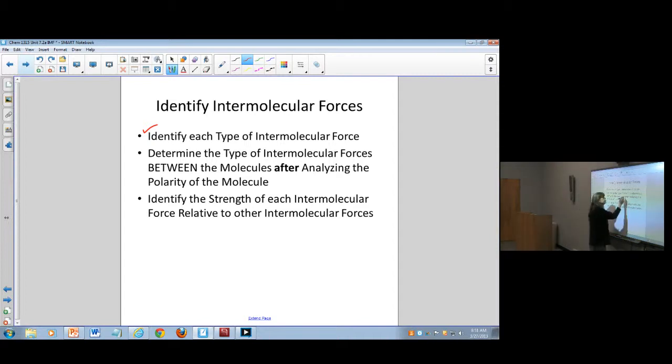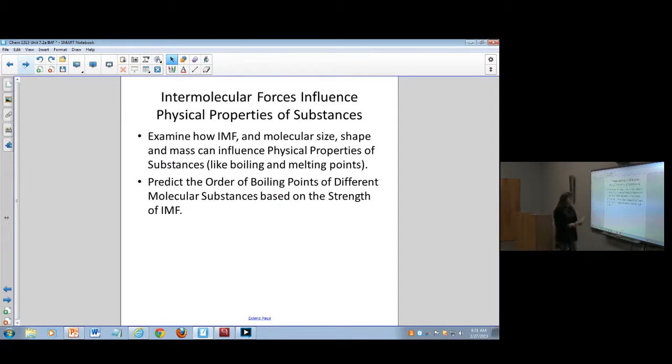Before you decide about the intermolecular forces, you have to decide what kind of polarity you've got, or ions. So you have to analyze whether the molecule is polar or nonpolar. Then you can determine the type of intermolecular forces involved, and then you can figure out how strong those intermolecular forces are relative to each other.